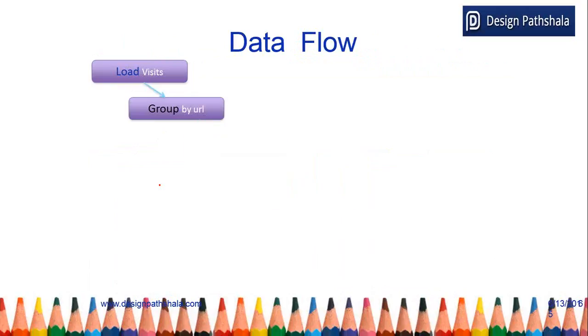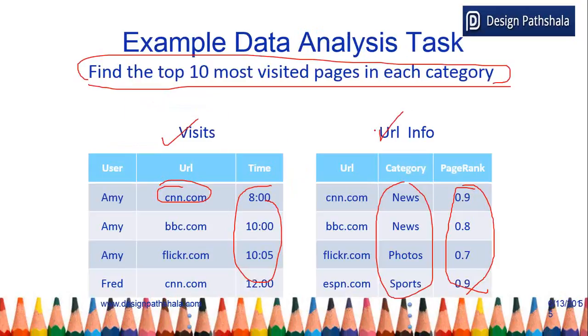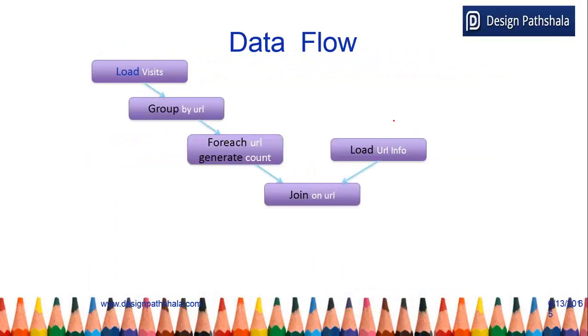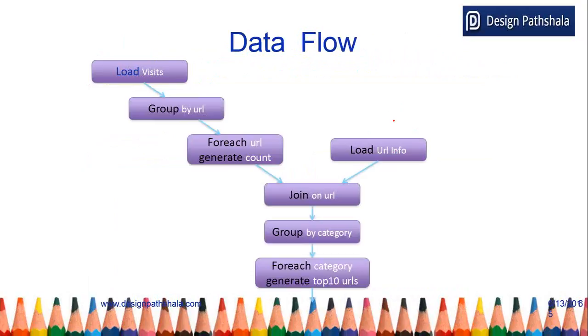Then we load the other file, the URL file, and join both files based on URL. Now we have the URL count and the URL-related category from the separate file. We group these by category, and we can just dump out the top URLs for each category. That's a normal data flow diagram, or algorithm, or flow chart which you would create for solving this problem.